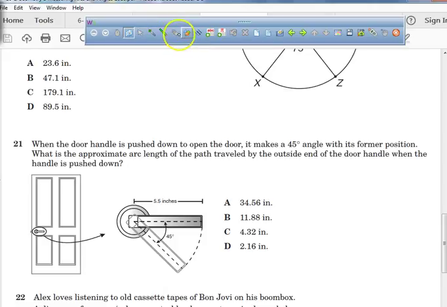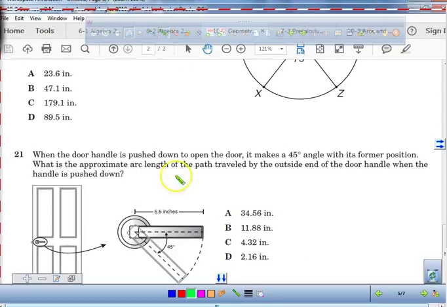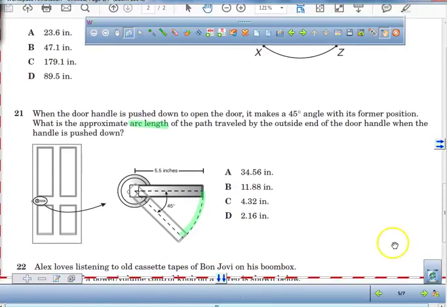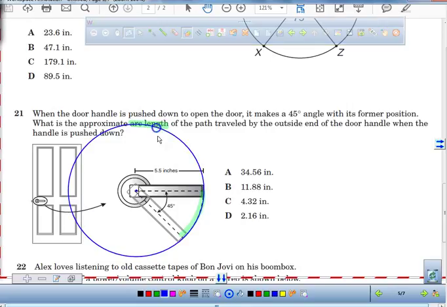The approximate arc length, which is right here. Can everybody see the portion of the circle for problem number 21? Everybody sees the circle? That's an arc length of the circle. So I'm not helping you with 21.